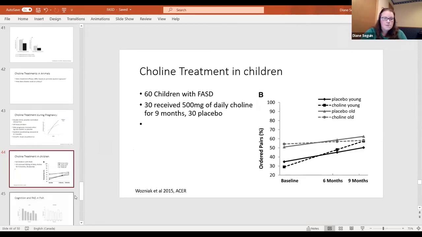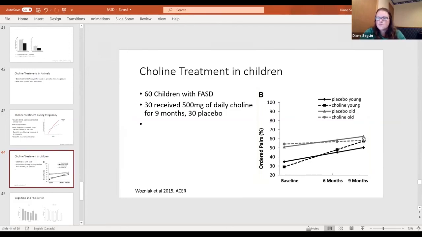And they even did choline studies in children who I believe were 4 to 5 years old. Some received choline for 9 months, some received placebo, and then they found a difference in age and exposure type.